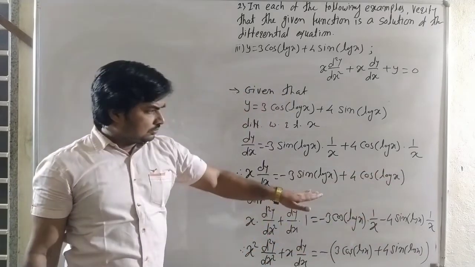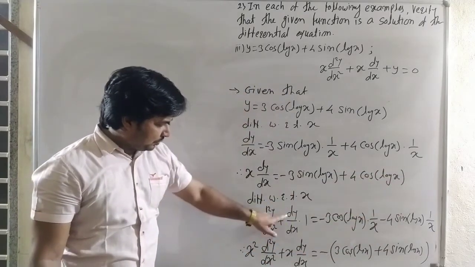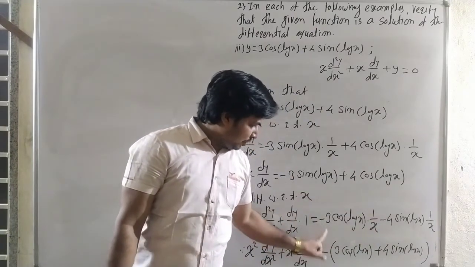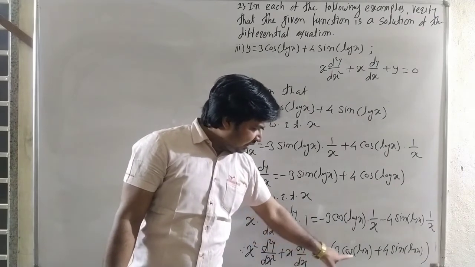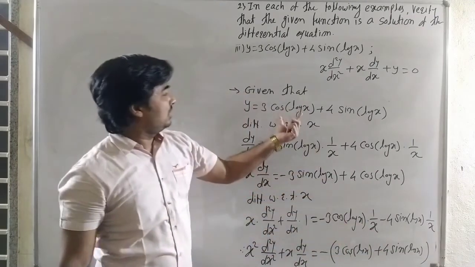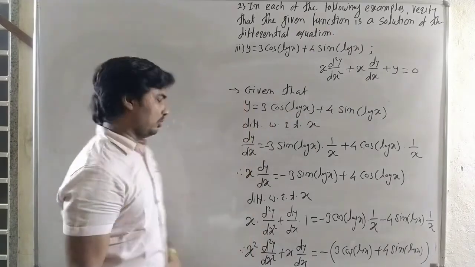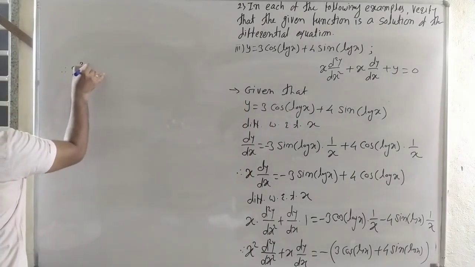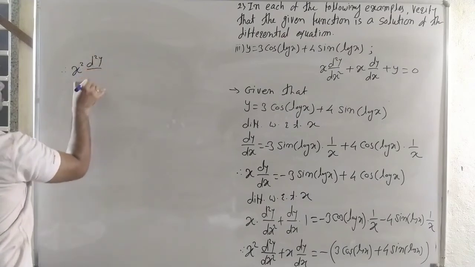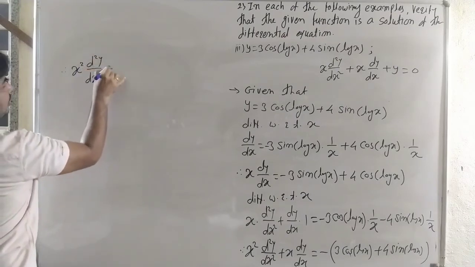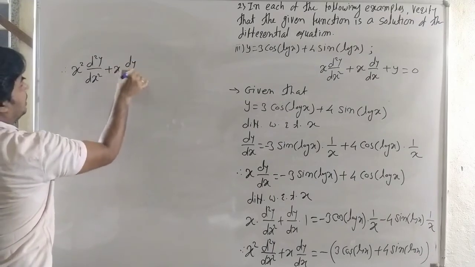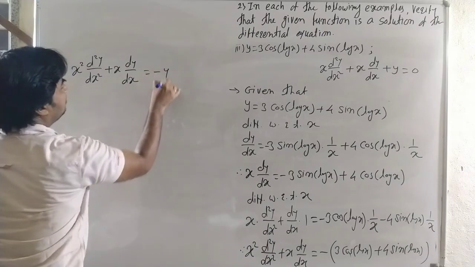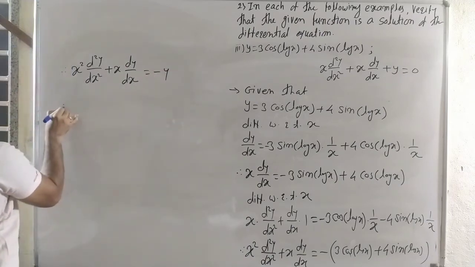Again multiply by x, then here it is x square, and here x gets cancelled, we take this minus common. When we take minus common, it is 3 cos of log x plus 4 sin of log x, and therefore we get x square d2y by dx2 plus x dy by dx is equal to minus y, and this y we can write here.